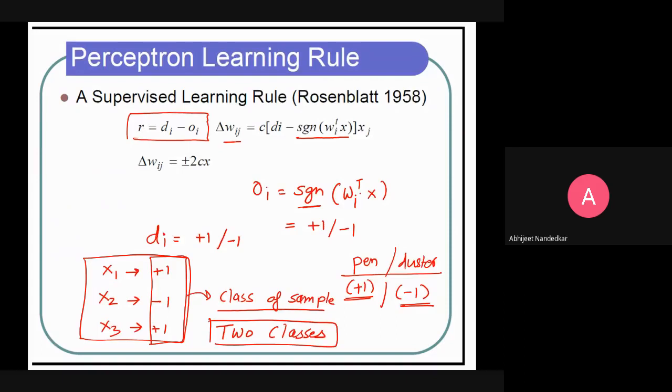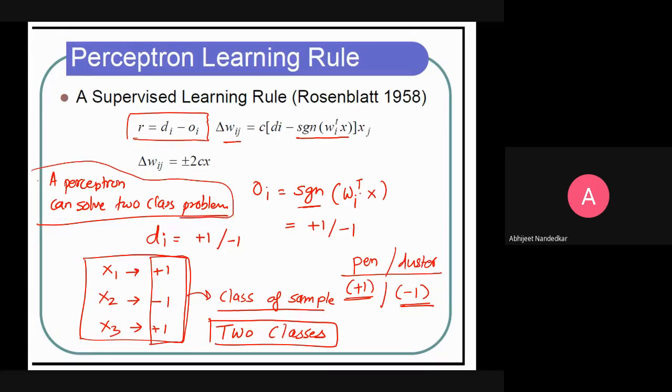So a perceptron can solve two class problems. How to solve a multi-class problem, we'll see in subsequent lectures. The simple thing is a two-class problem that we will see.